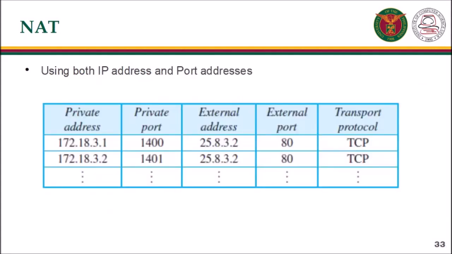To allow a many-to-many relationship between private network hosts and external server programs, we need more information in the translation table. For example, suppose 2 hosts inside a private network with addresses 172.18.3.1 and 172.18.3.2 need to access the HTTP server on external host 25.8.3.2.